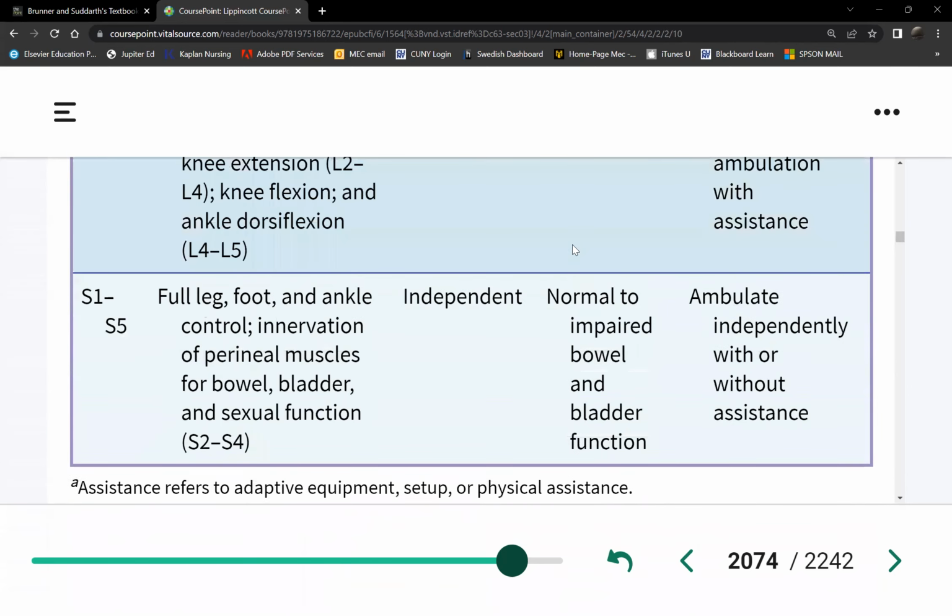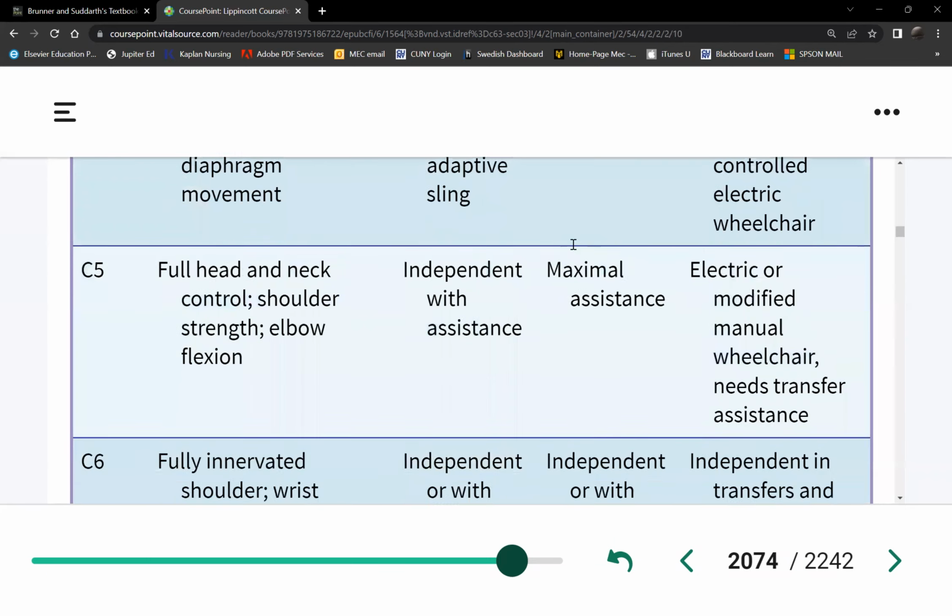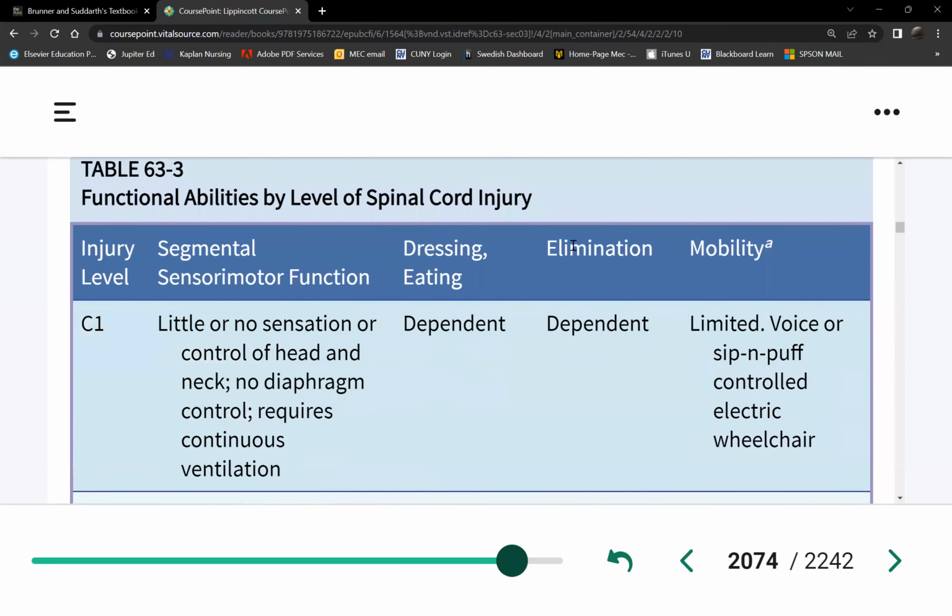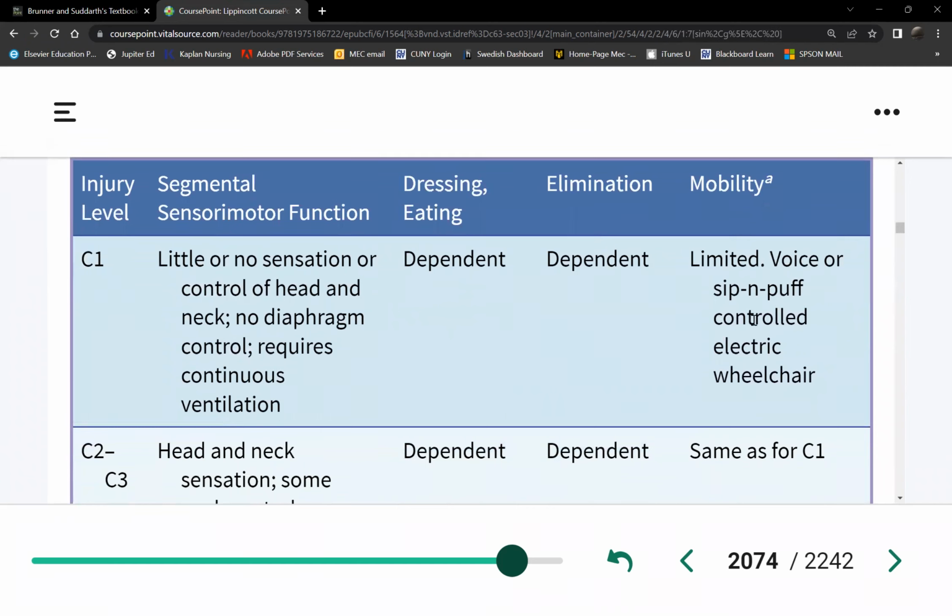And then also take note of, this is a good addition. The mobility part here is updated considering technology nowadays that we do have because of ADA, the Americans with Disabilities Act.